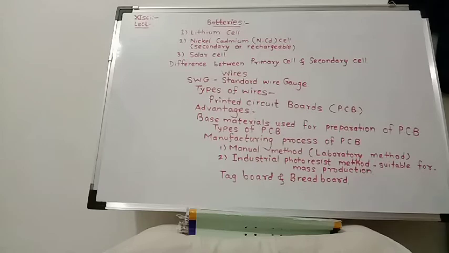In a nickel cadmium cell, the positive plates are made of nickel hydroxide enclosed in finely perforated nickel plated steel tubes.